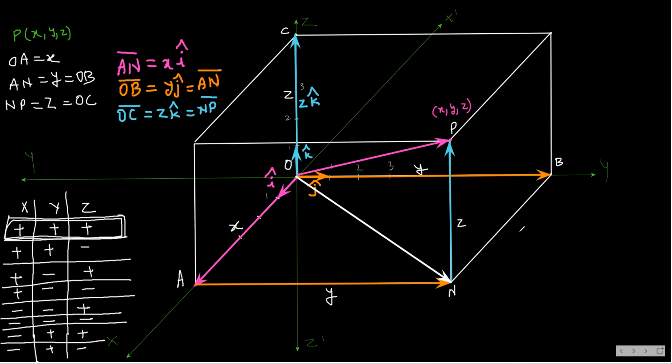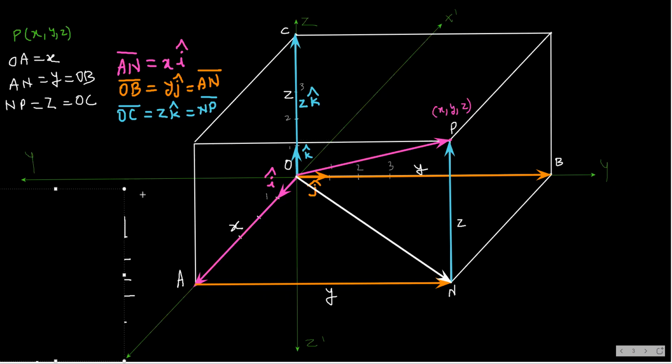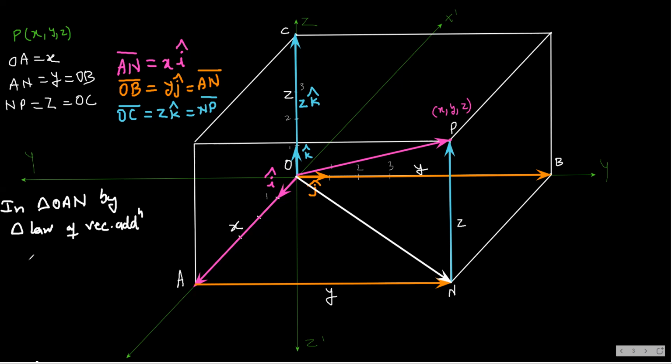So you have OA bar plus, look at the direction, OA bar plus AN bar is equal to ON bar.